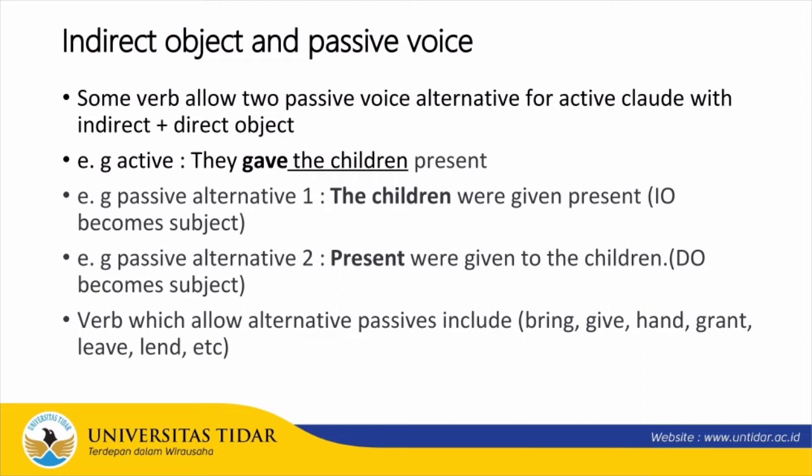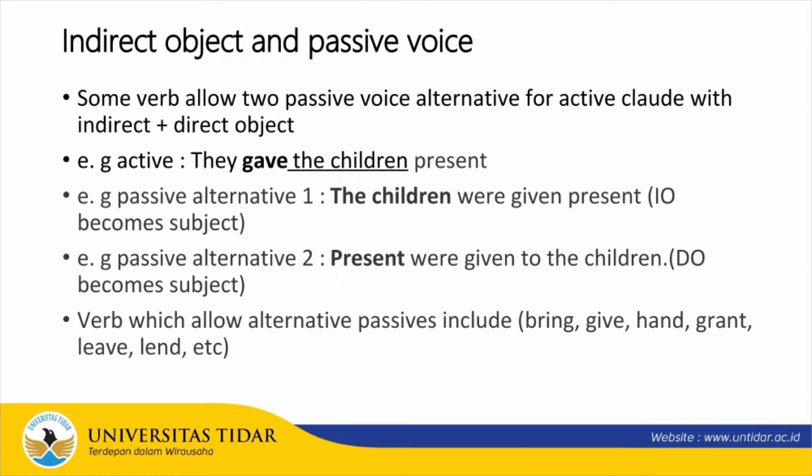The passive alternative 1: the children were given presents. The IO becomes the subject. The indirect object, the children, is the subject. Then the passive alternative 2: presents were given to the children. The direct object, presents, becomes the subject.